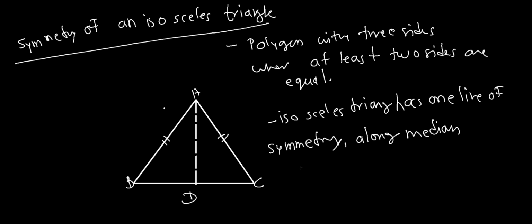Here our median is AD. This is the line of symmetry of an isosceles triangle, which makes the isosceles triangle identical on both sides, and it lies along the median of the triangle, and here our median is AD.